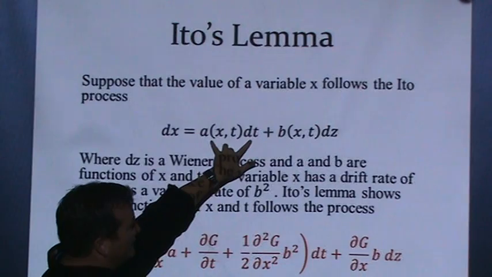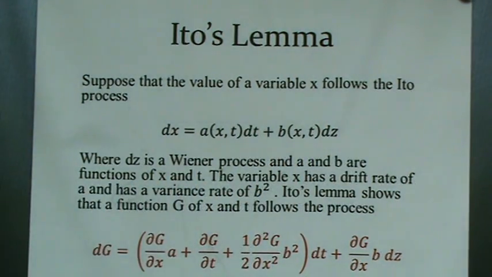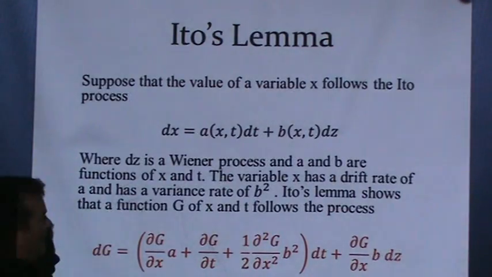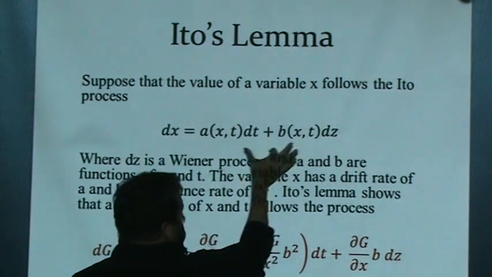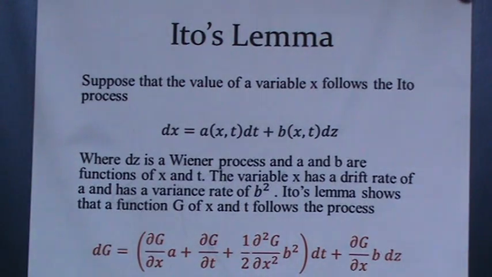And even theoretically, this part could be zero, so this part alone would be an Ito process. But we are allowed to have a stochastic part and what we'll call a normal calculus component. You add these two together, and that is the model for some process.